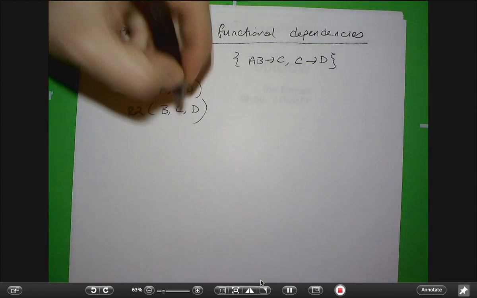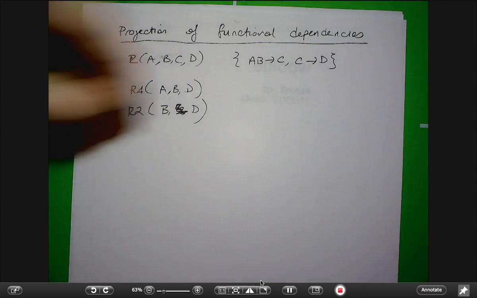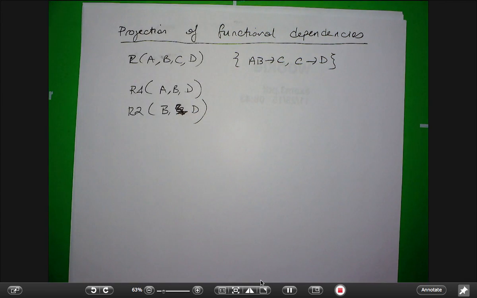Well, actually, let's make this B and D, because I want to be bad. All right. So the point is that I want to know of these functional dependencies, which ones apply to A, B, and D, right? I can no longer have AB implies C, right? Because AB and C are not in the same relation anymore.